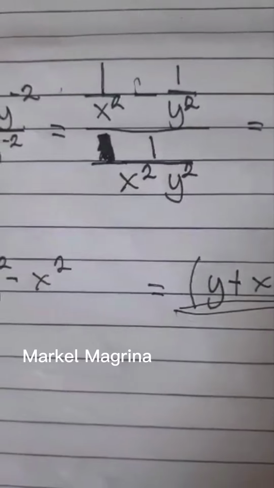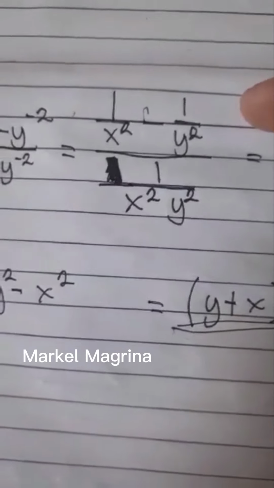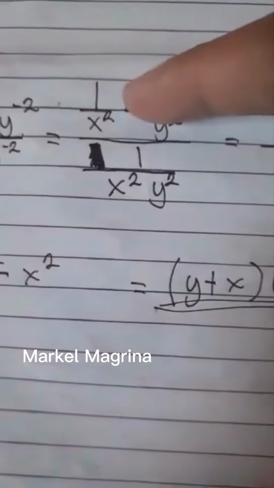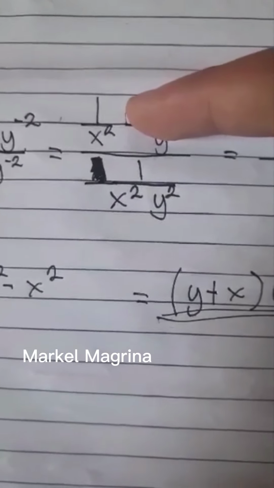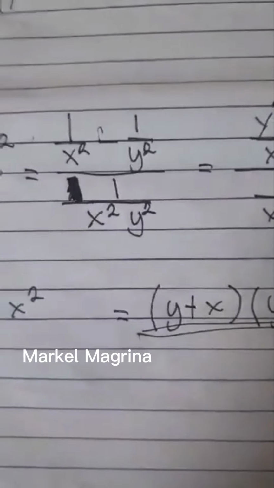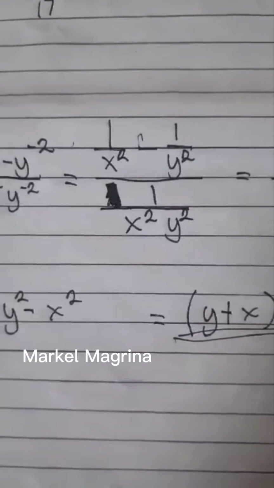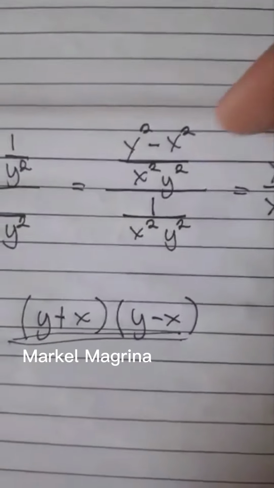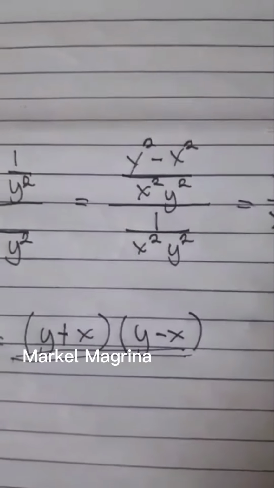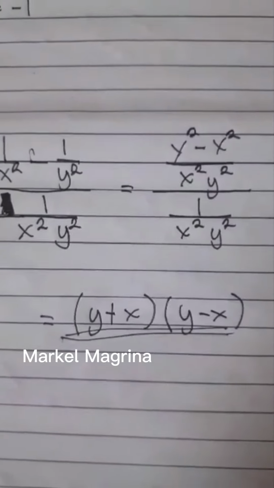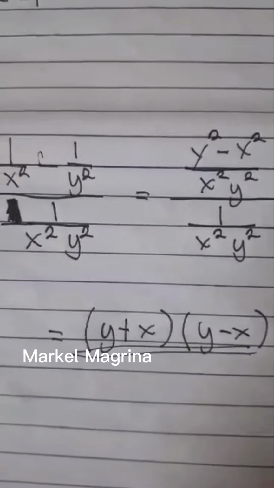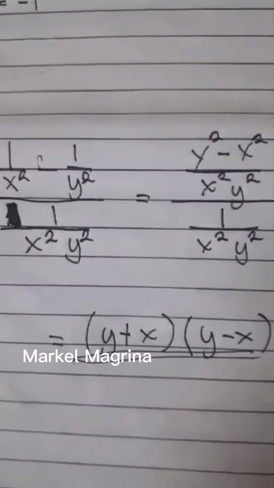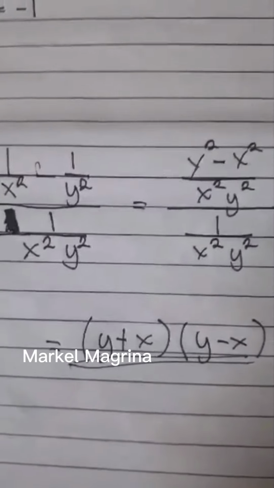Next, we find the common denominator, I mean the GCF. The GCF is x to the power of 2, y to the power of 2. So, x to the power of 2, y to the power of 2 divided by x to the power of 2 is equal to y to the power of 2 multiplied by 1, which is y to the power of 2.